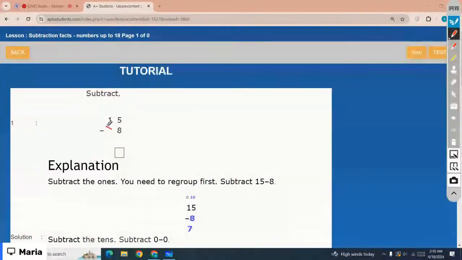When you borrow 1 from the next digit, that makes it 15, right? And here you are left with 0. You have to do 15 take away 8, right? So 15 take away 8 is 7. The correct option is 7. Got it? Well, let's just do more practice questions.